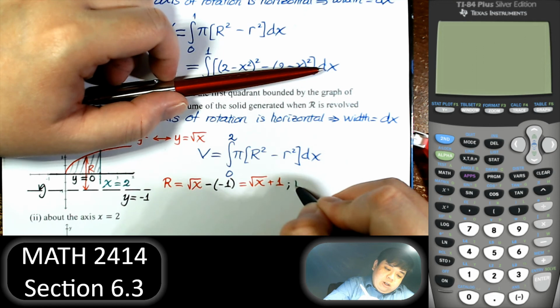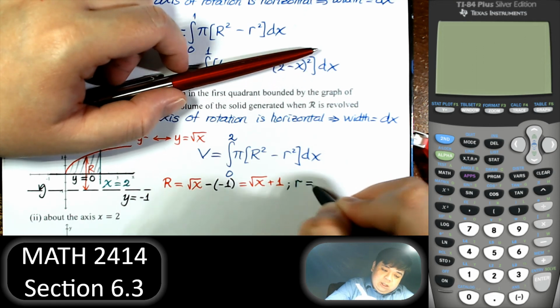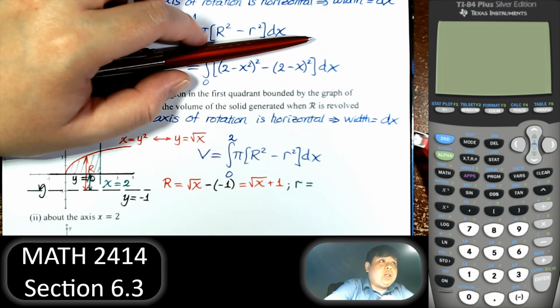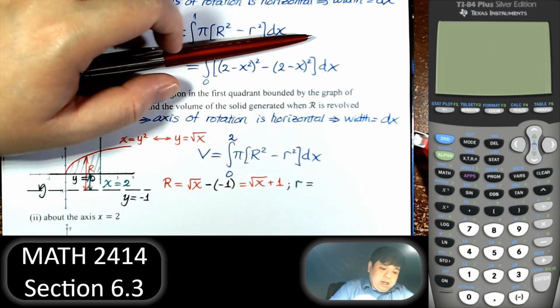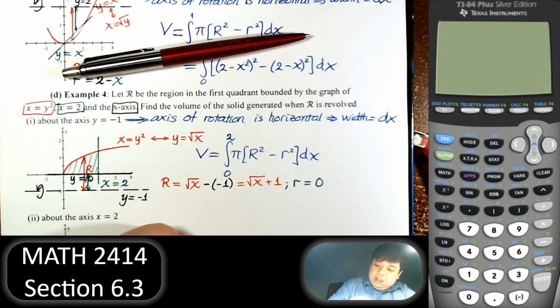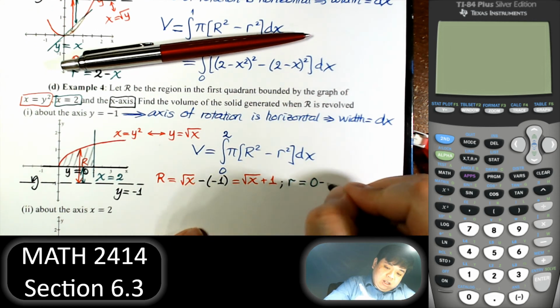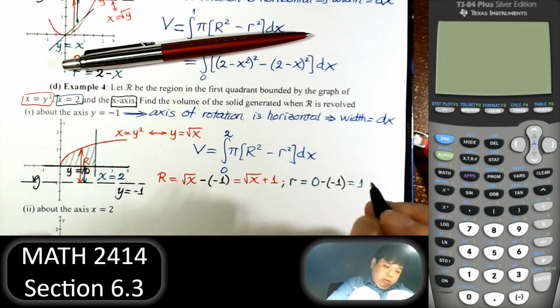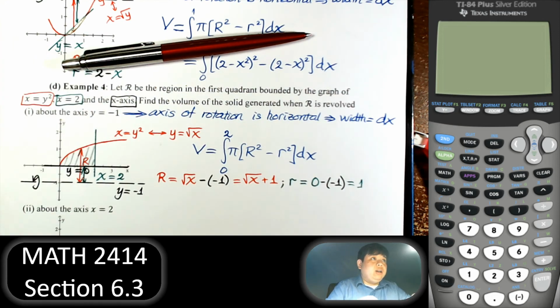And then the little r, axis of rotation to the inner edge. So it could be 0. It's the upper function minus the lower function of negative 1. So that will be just positive 1. Of course, that distance is 1.